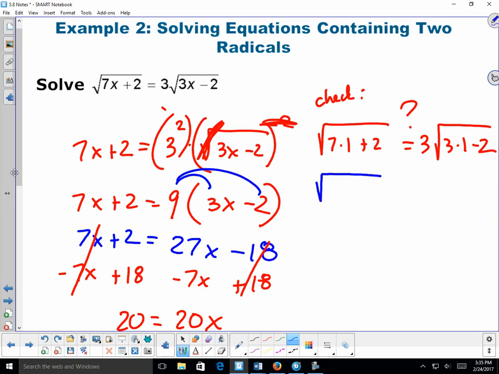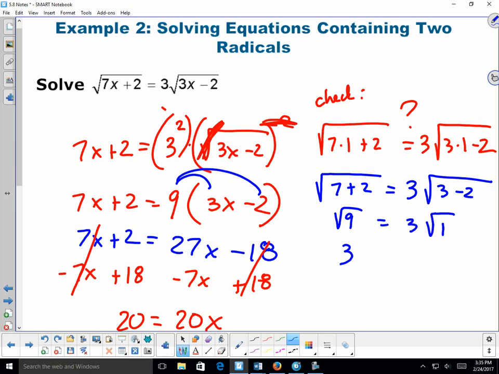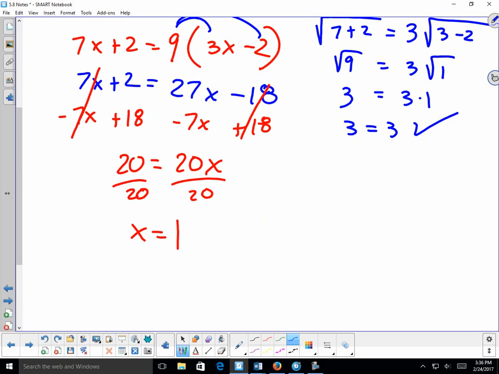So I get 7 times 1 is 7, plus 2 is 9, and square root of 9 is 3. And over here I get 3 times the square root of 3 times 1 is 3 minus 2. So I get 3 times the square root of 1, but the square root of 1 is just 1, so I do get 3 equals 3. So it works, and that means we really do like this solution of x equals 1.